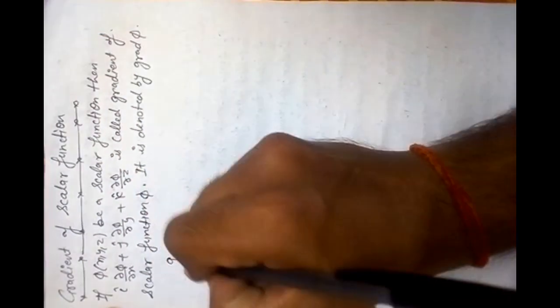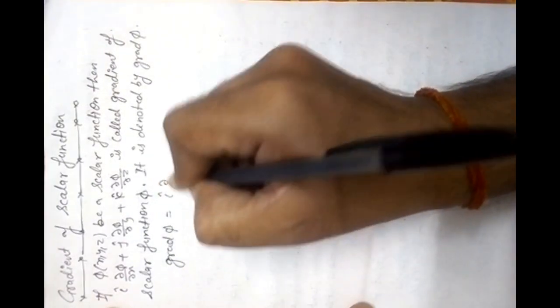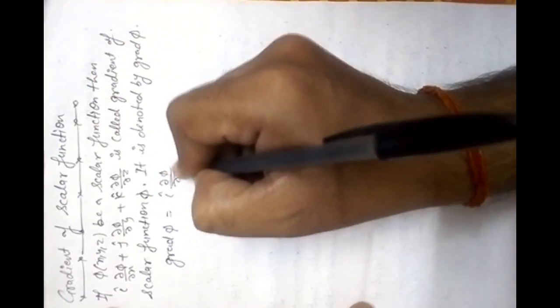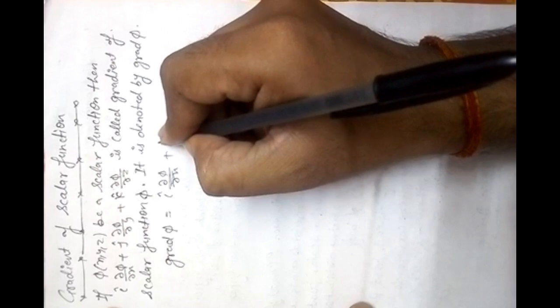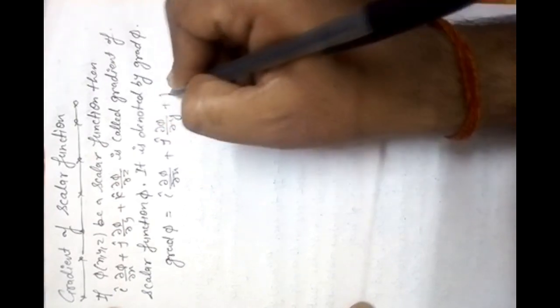So grad phi is equal to i del phi upon del x plus j del phi upon del y plus k del phi upon del z.